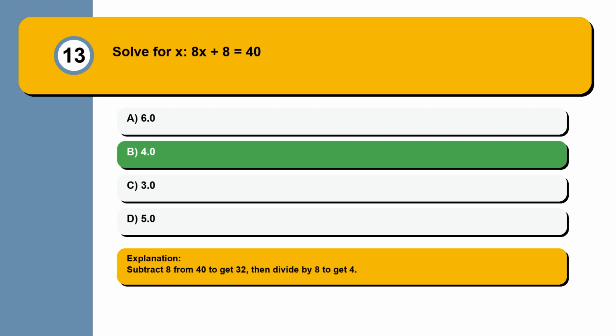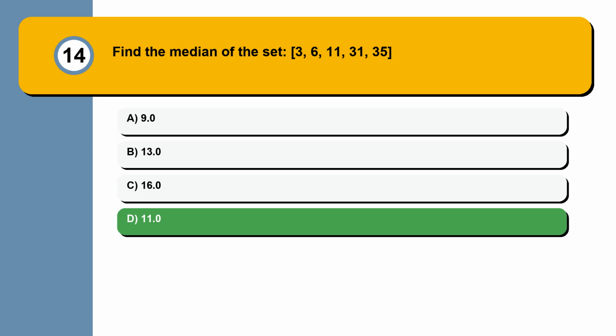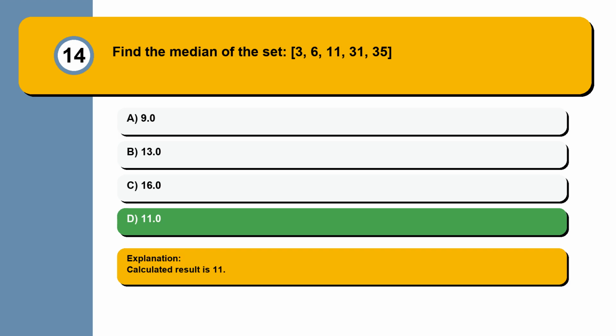Subtract 8 from 40 to get 32, then divide by 8 to get 4. Question 14. Find the median of the set 3, 6, 11, 31, 35. Options: 9, 13, 16, 11. Calculated result is 11.